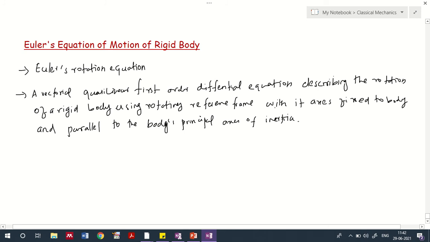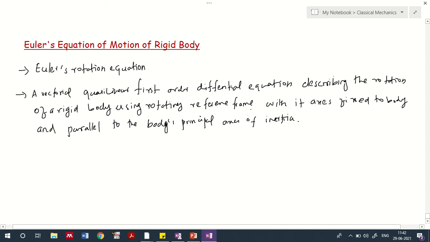As I said, Euler's equation of motion basically represents Euler's rotation equations. These are a vectorial quasi-linear first order differential equation describing the rotation of a rigid body using a rotating frame of reference, with axes fixed at one point to the body and parallel to the body's principal axes of inertia.